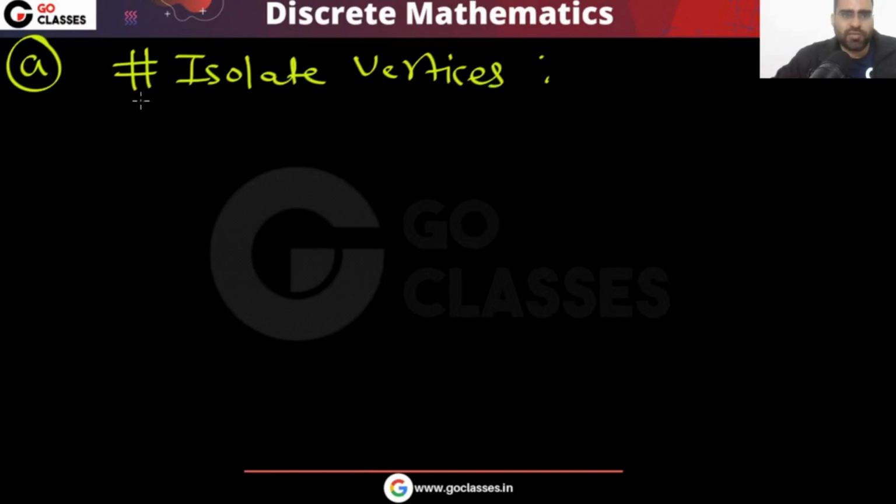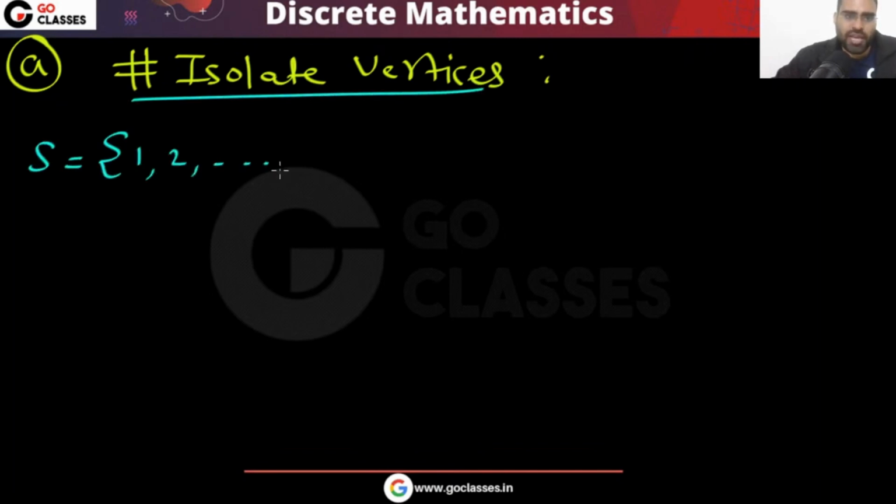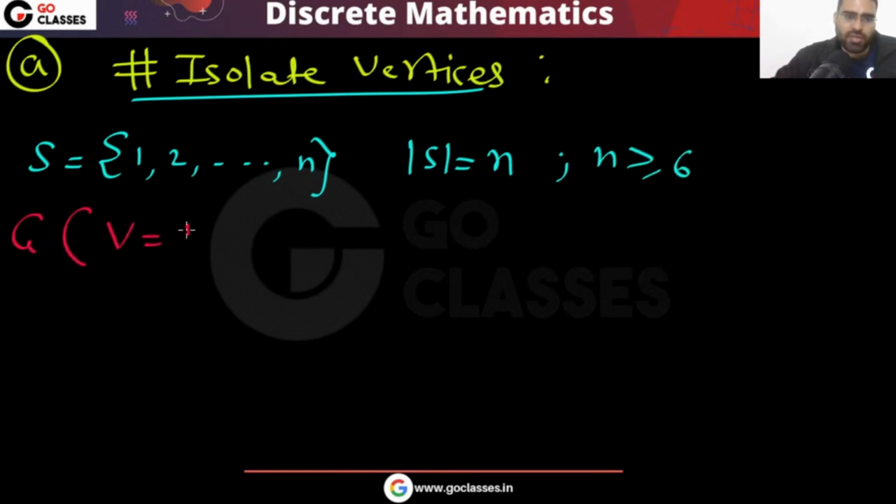How many isolated vertices will be there? Remember your set S has n elements, where n is already given in the question. But your graph is like this. The power set is the set of vertices and there are edges, we already know.